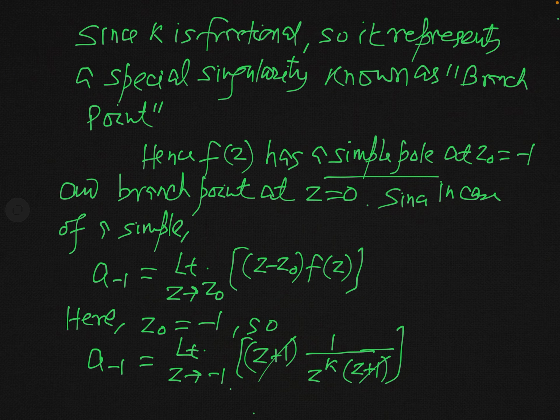Why have I told you that this is a simple pole? Because you can see the factor z plus 1 contains power 1, and so the order of the pole will be 1. Since it is a simple pole, you can apply the formula for a simple pole for finding the residue of this function.